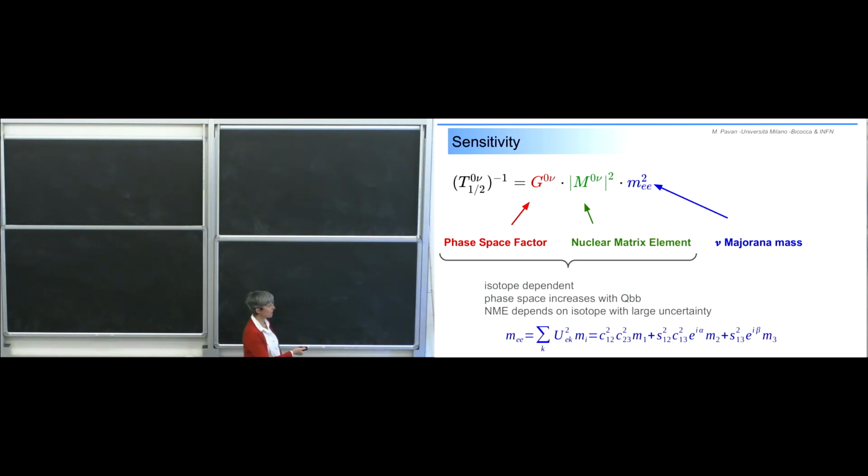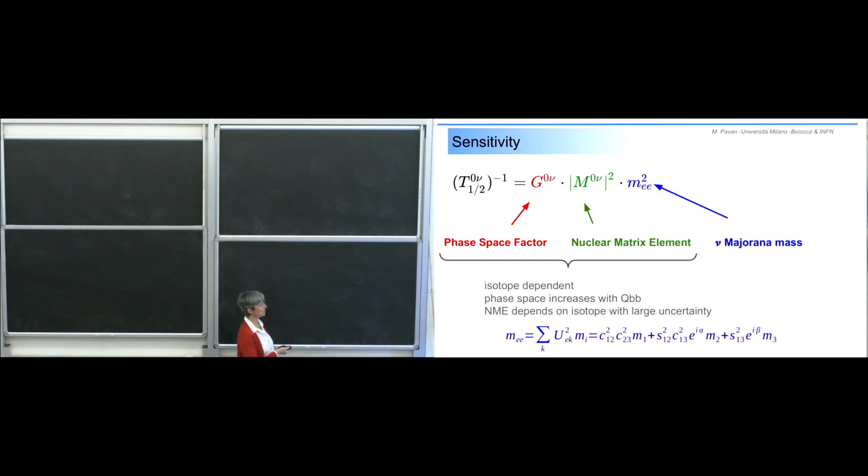The three mass eigenstates are weighted with the elements of the mixing matrix, assuming that the neutrino is a Majorana particle. You will see more from this point of view in Claudia's lectures.